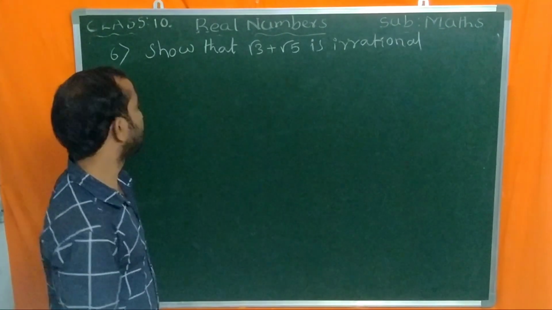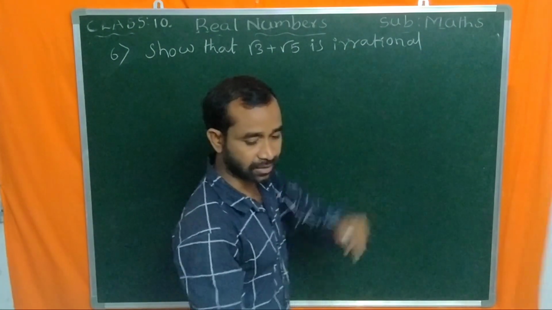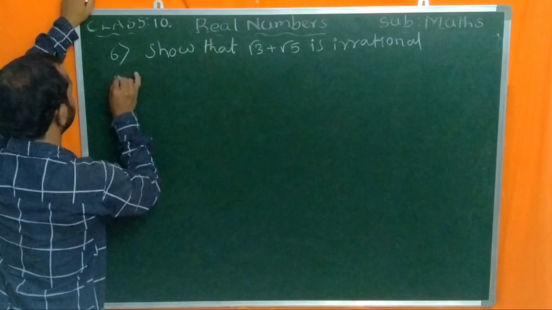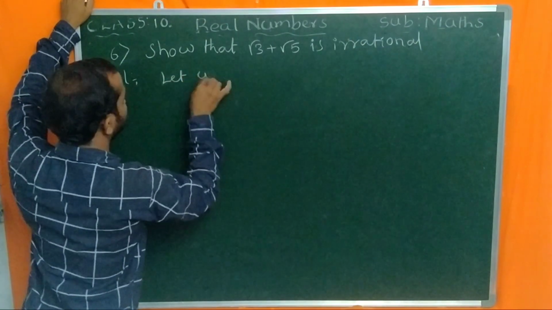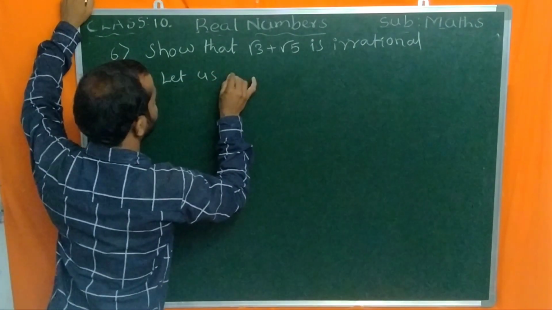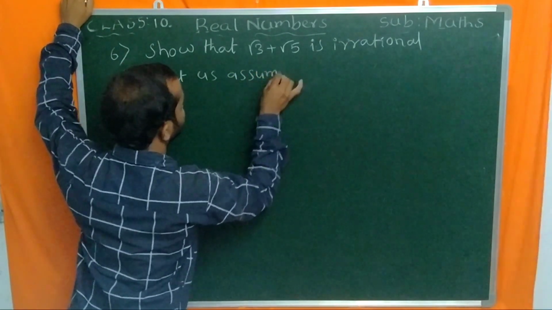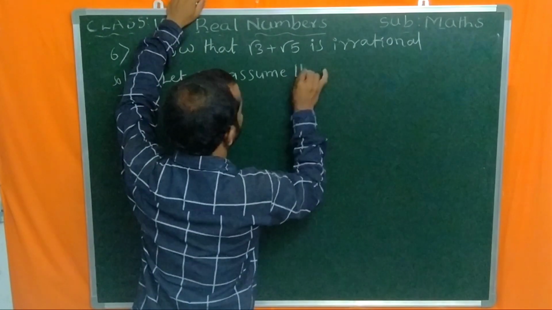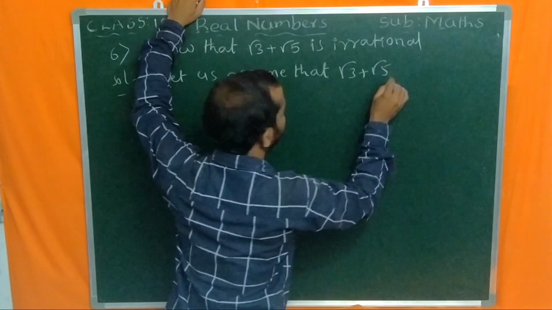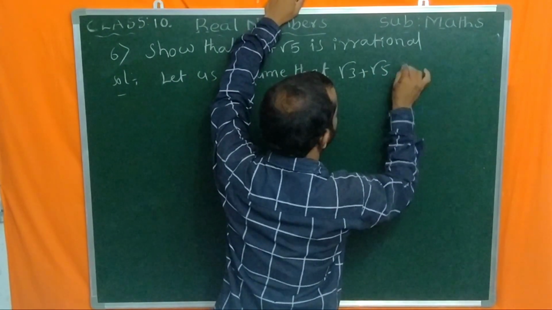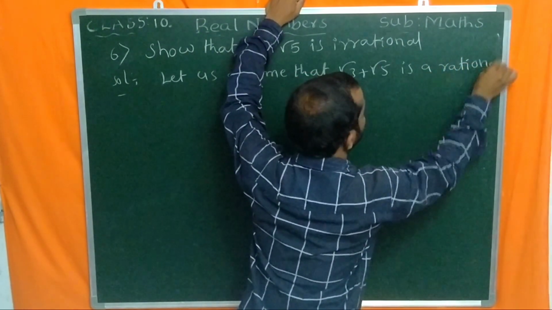Okay. Next problem. Show that root 3 plus root 5 is irrational. Let us suppose, assume that root 3 plus root 5 is rational.